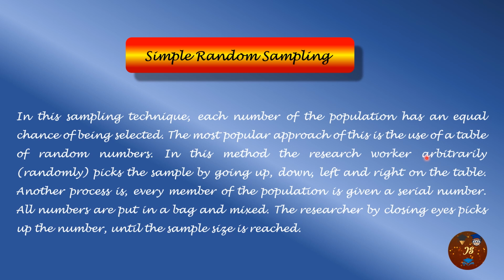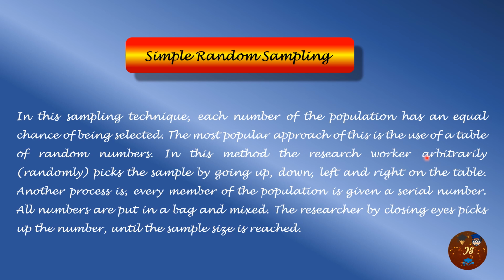And all those numbers are written on a paper and it is folded and kept in a basket or a jar. Now the research worker will randomly select 60 papers from that jar, and only those persons having the selected serial numbers can be taken as a sample.